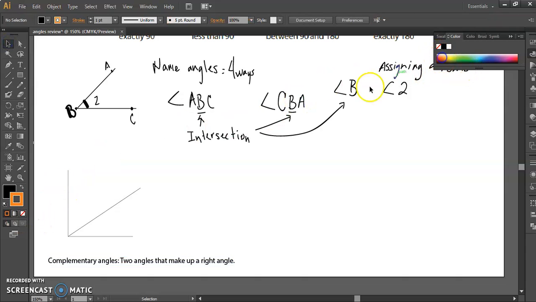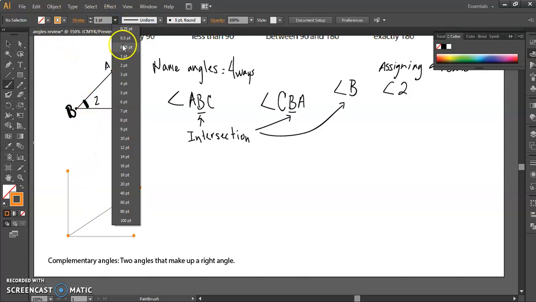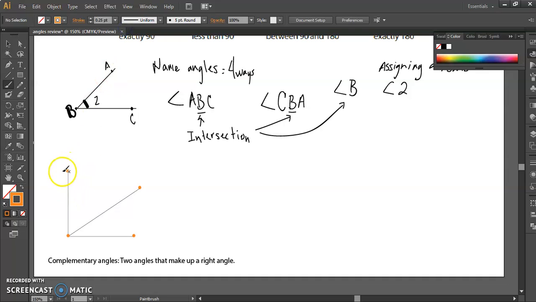Hold on. Pick a different color. And I'm going to put a point right here. We always have, remember, this point of intersection. And these are all of my points, okay? And I'm going to go ahead and assign a letter to each of these points.